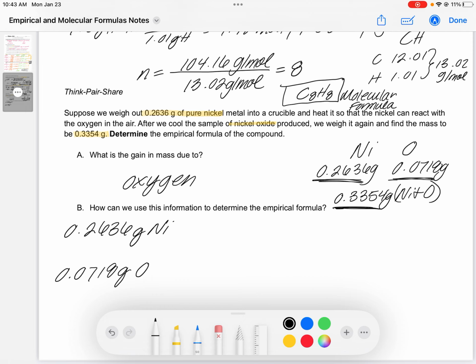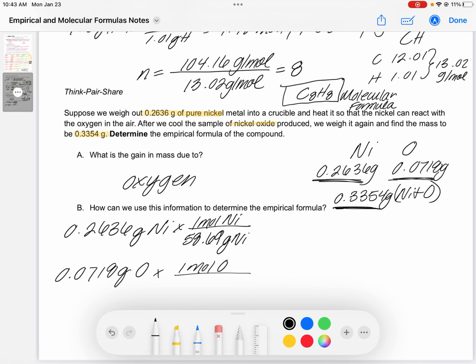To find our empirical formula, our first step is to just write the mass in grams. These numbers are already in grams, they were not in percentages, and so we don't have to do anything else for step 1. Step 2 is to convert mass to moles. For every 1 mole of nickel from the periodic table, we see that there's 58.69 grams of nickel.